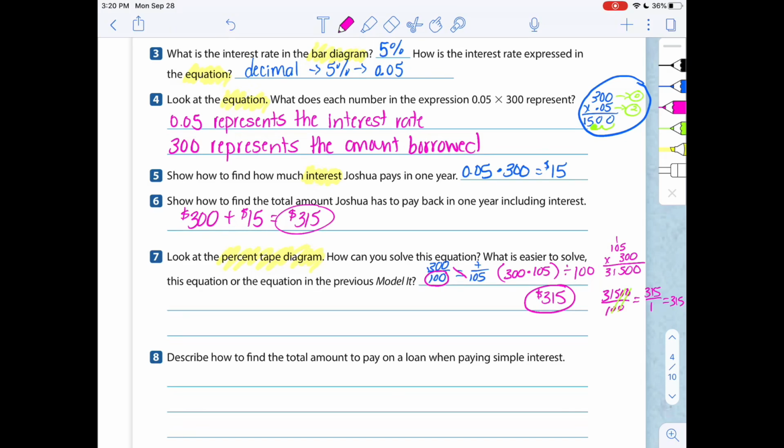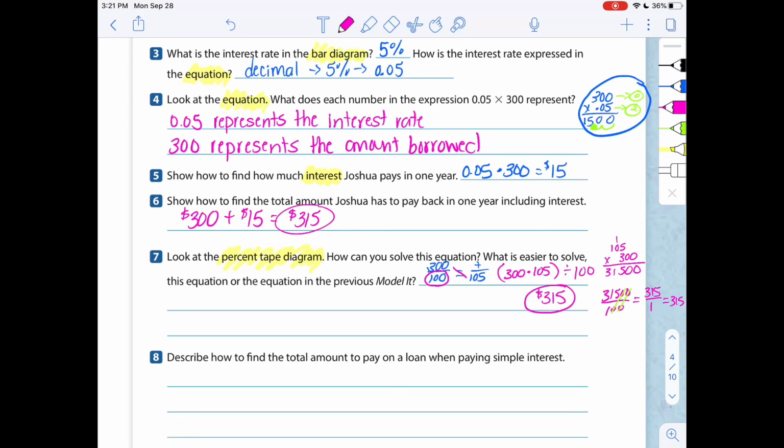Or maybe you like the decimal method equation better because you didn't have to deal with such big numbers. But either way is okay to solve it. We do want to make sure we know how to solve it both ways. And we'll be practicing the proportional equation way more and more as the year goes on.